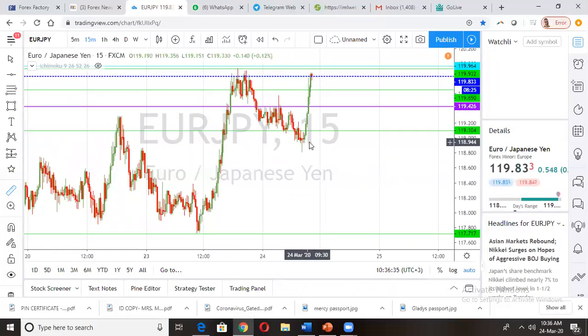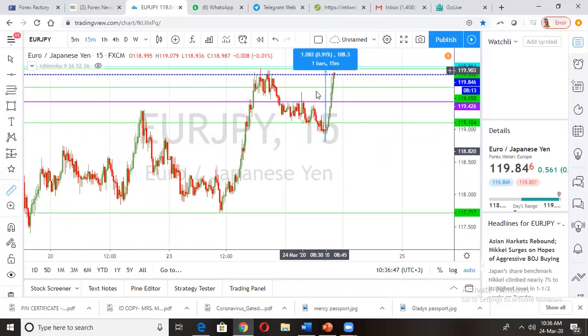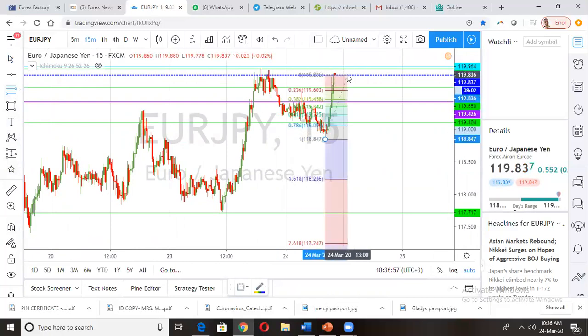You can see there was a really huge impulse up on Euro JPY, not really huge, about 115 pips. So let's see what happens here.